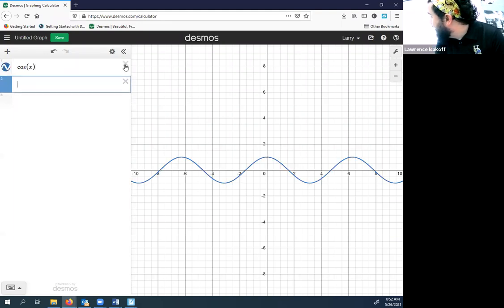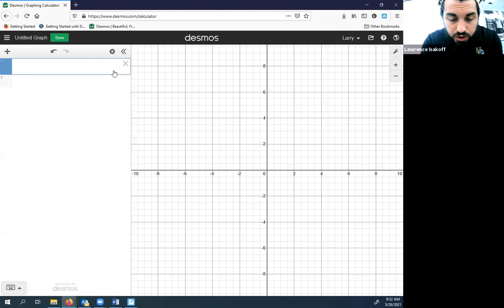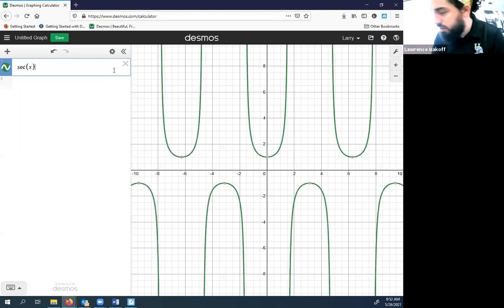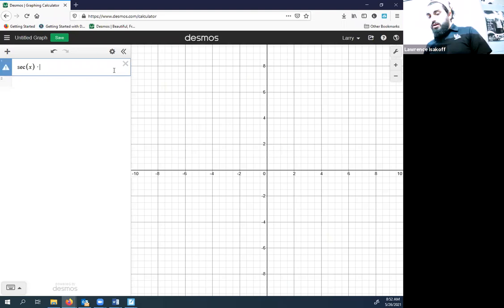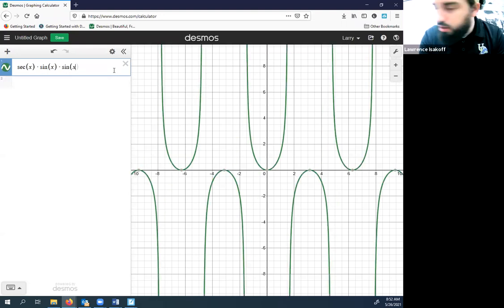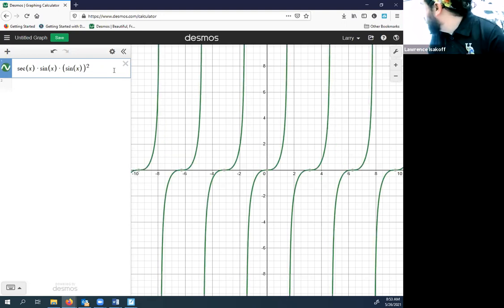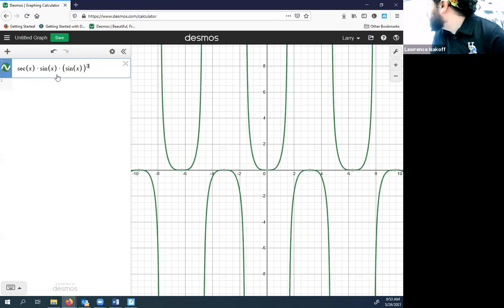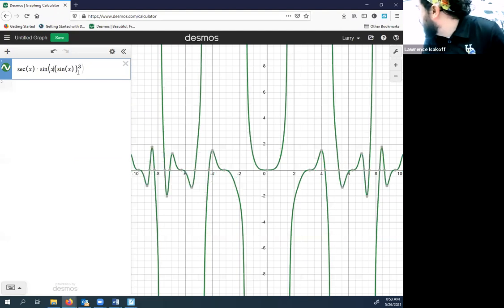So let's take out these other two graphs. So that was secant of x times, now I don't think Desmos likes me cubing sine, so I'm going to do sine of x times the sine of x. I'm going to put the second sine of x in a bigger set of parentheses like this, say squared. Desmos is okay with that. But if I put it as a cubed, watch. Oh, it's going to let me do cubed. Cool. I'll do it as a cubed.